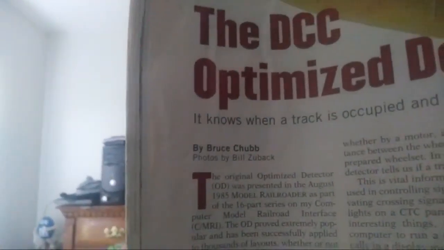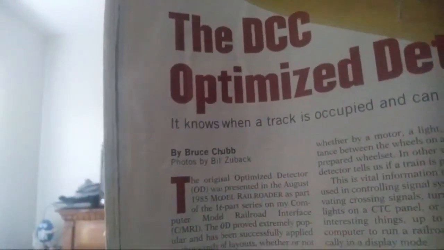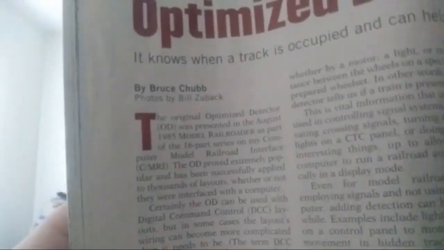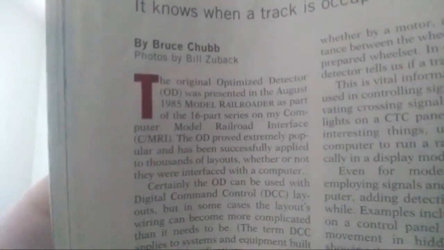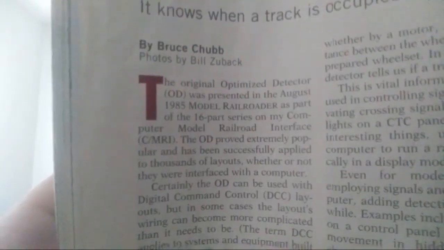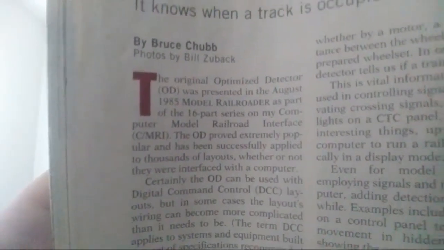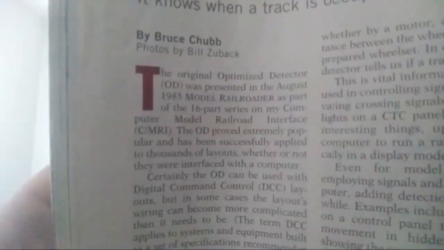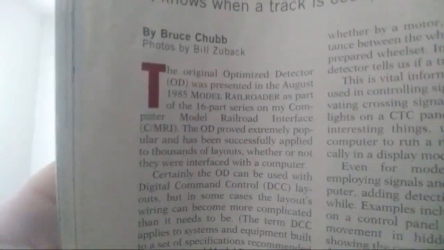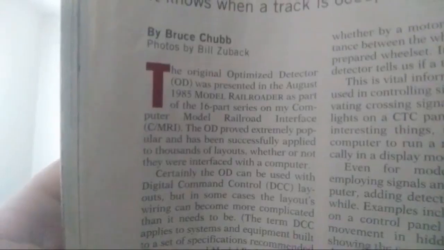CMRI is who Bruce Chubb is, as you can see in the article here, what it stands for: Computer Model Railroad Interface, and the OD is as a detection circuit, so you know where your train is at on your layout if you're monitoring it by a train or by a computer.